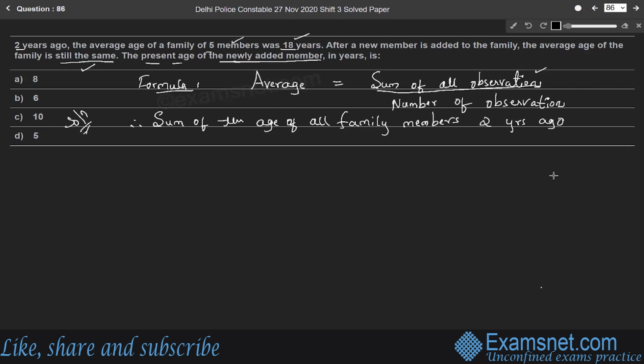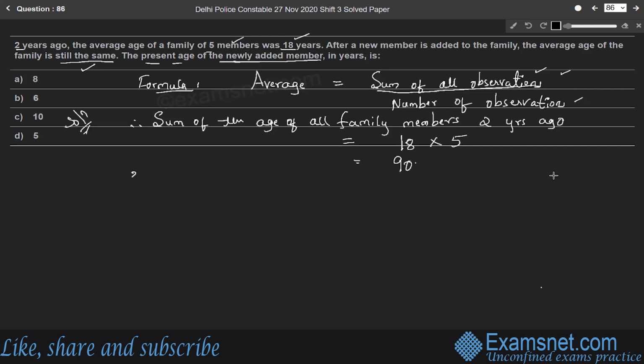So what is sum of the age? According to the formula, sum of the age is equal to average age into number of members of the family. So average age is 18 years into number of members is equal to 5. So 18 into 5 is 90. 90 means sum of the ages of all family members, right?